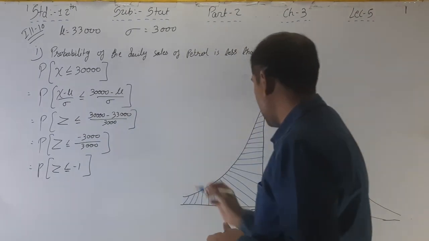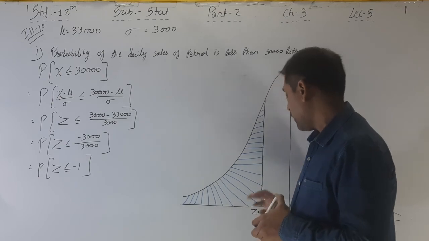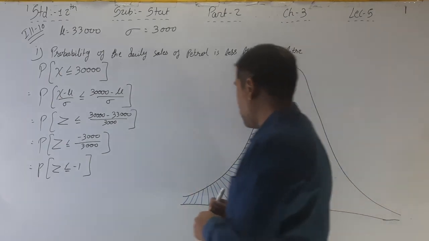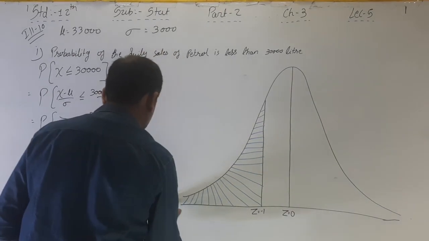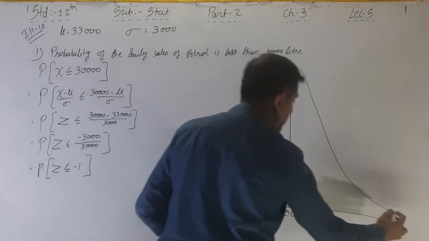This is your area: minus infinity less than Z less than or equal to minus 1. Here is the minus infinity, here is the plus infinity.